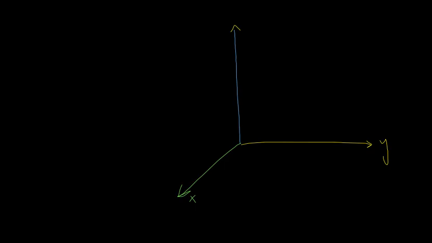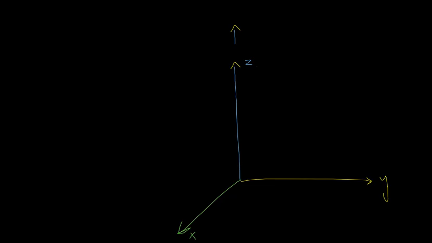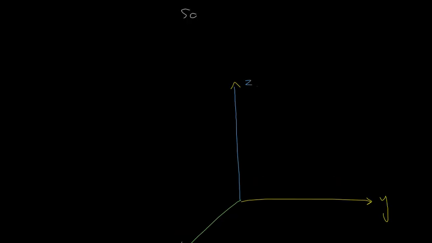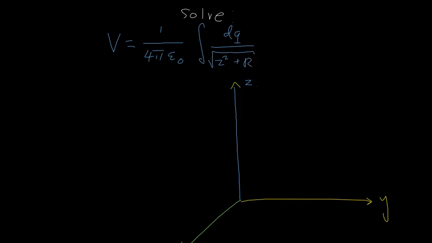Let me explain that. In reality, this is what we want to solve today: V is equal to 1 over 4 pi epsilon naught, the integral of dq all over the square root of z squared plus r squared.